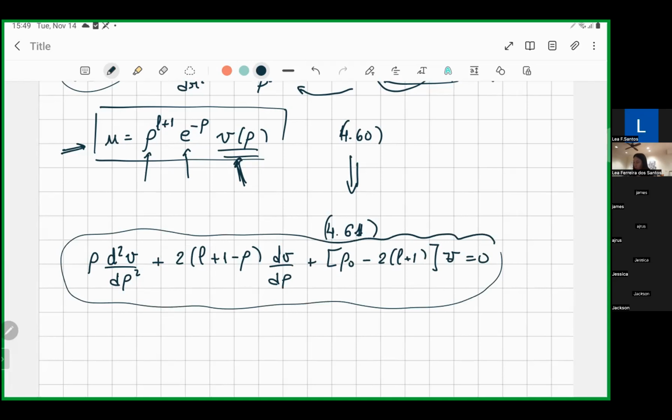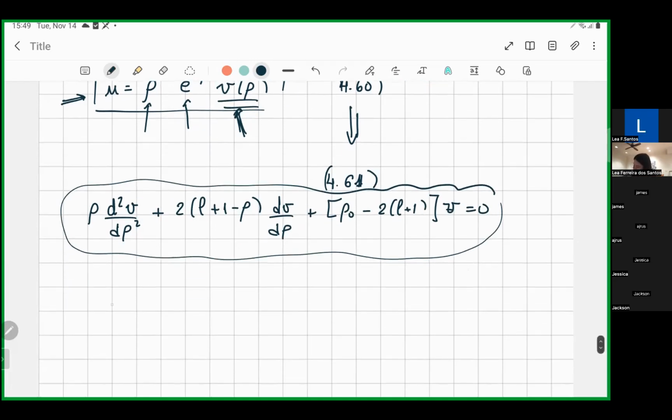And we said, well, how are we going to solve that? We are going to try to write V as a series, as a sum of rho to some power. This power is this j that is going from 0 to infinity, and we have to find what are these constants in front.